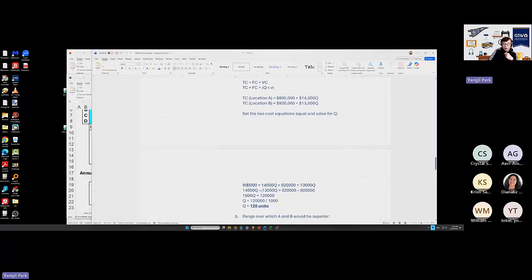Right, then solve for the Q, which is pretty straightforward. Then you come up with 120 if you go through step by step. So meaning that at 120 units, the total cost for those two locations will be exactly the same. Okay.